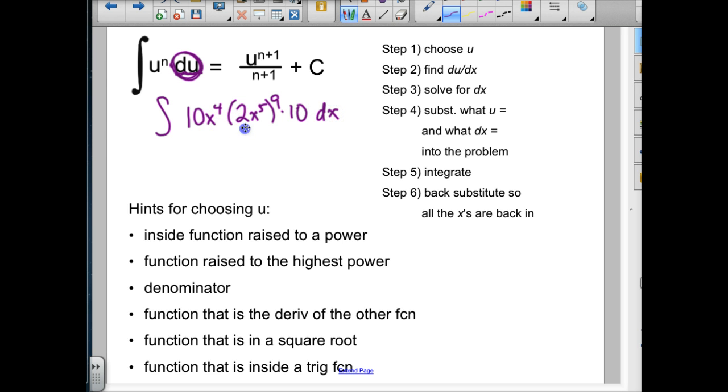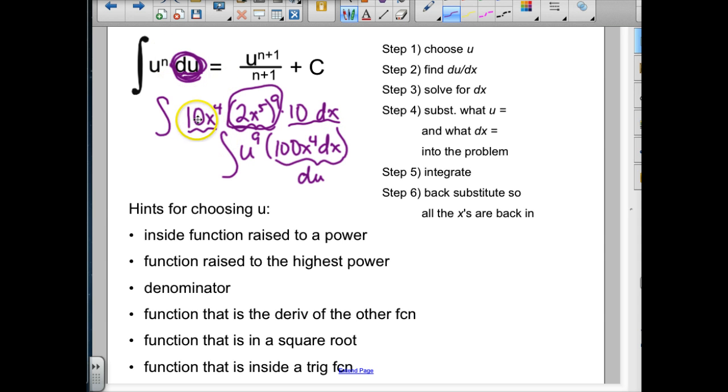What we're going to do is think of this as u, so it's u to the 9th, and then this whole thing here, 10 times 10 to the 4th, all of that is going to be the du part. So we're thinking of this as our main function because it's to the highest power, and then all the other stuff has to be part of this du.